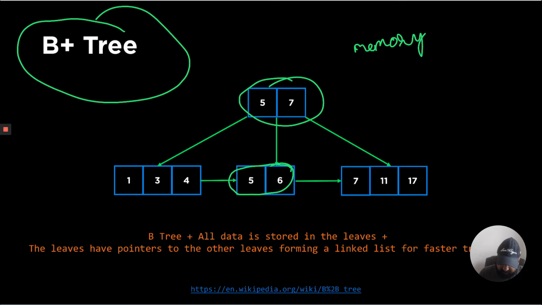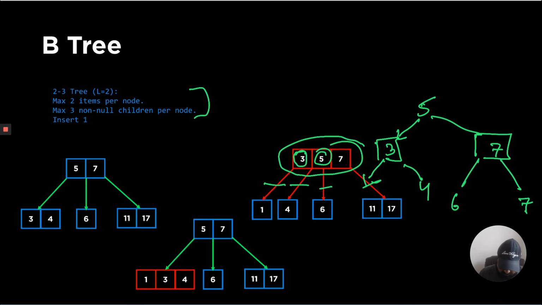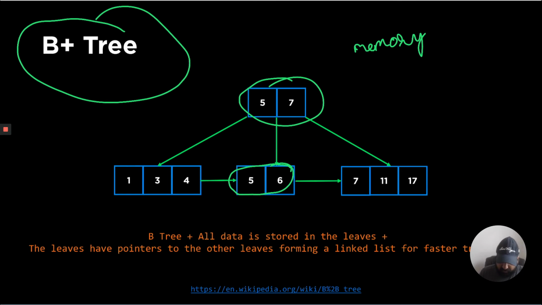But basically, even in the previous example, we saw that 134 was getting filled, and when we tried to insert 5 6, although a split happened, 5 is still there in the leaf node. So you keep a copy in the leaf node, and the leaf nodes have all the data.